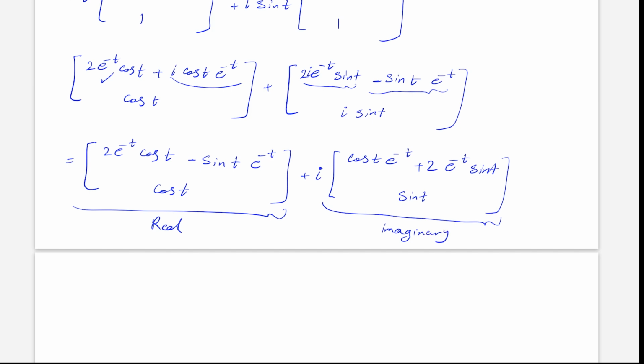Okay, and they both give us the real valued solutions. So we want the linear combination of this. If this real part is x1 and this imaginary part is x2, then the overall solution, the general solution, will be their linear combination.